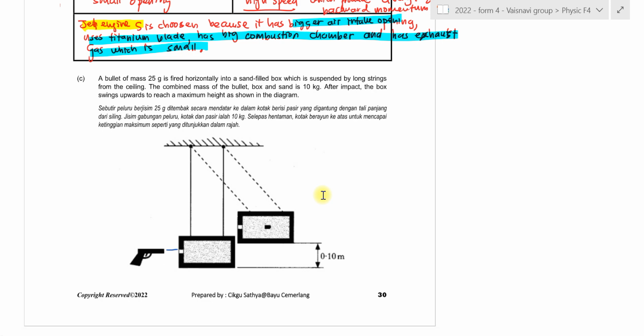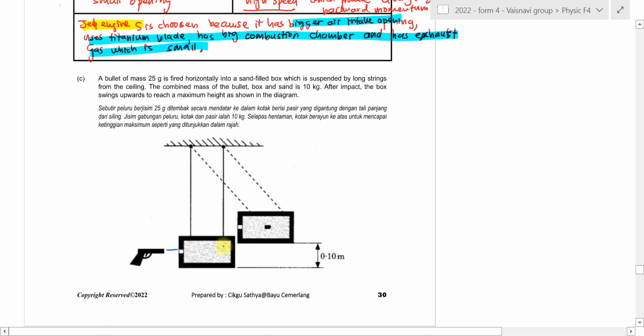A bullet of mass 25 gram is fired horizontally in a sand-filled box. Oh, itu bukan buayan. Okay. Sand-filled box, which is suspended by a long string from the ceiling. The combined mass of the bullet, box, and the sand is 10 kg.